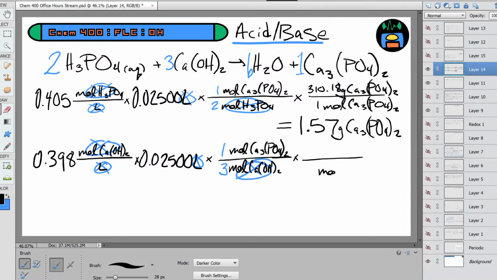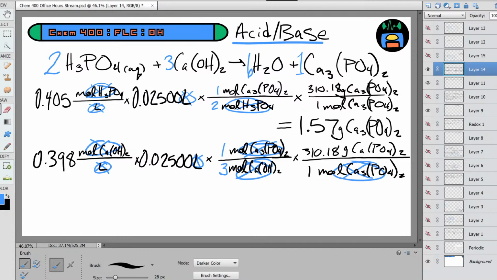And now we can convert from moles calcium phosphate to grams of calcium phosphate. 310.18. Moles cancel.